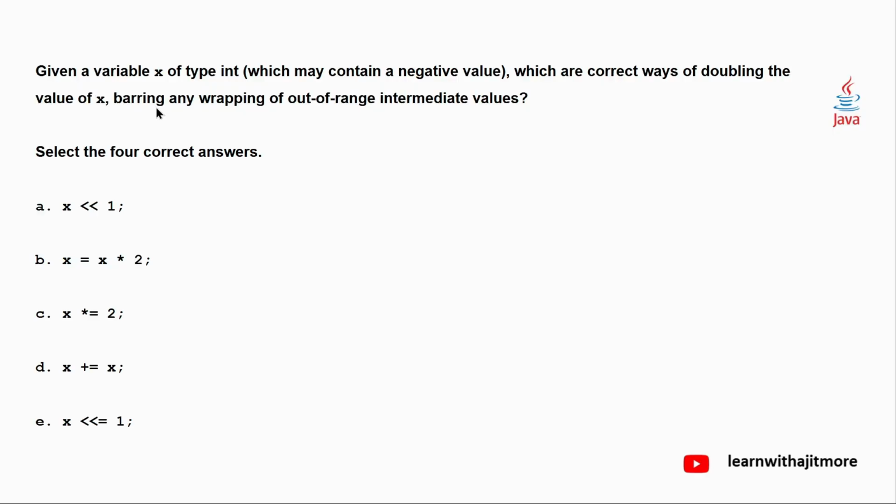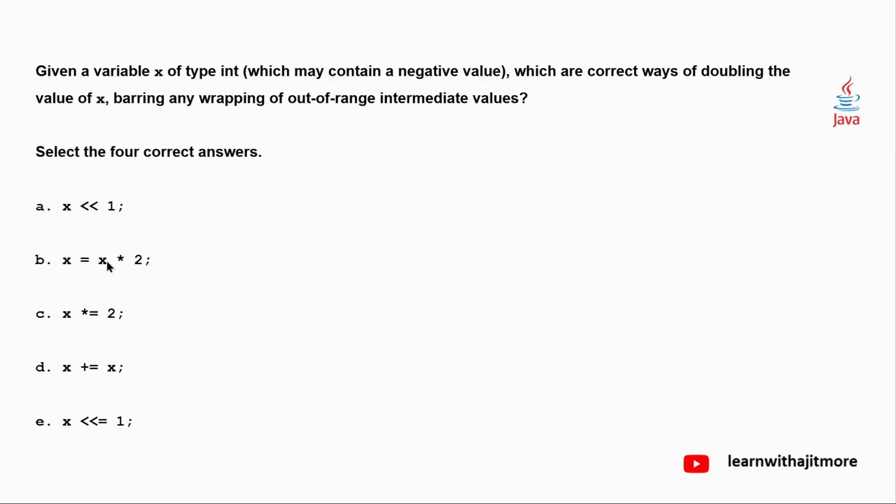They are saying, barring any wrapping of out of range intermediate value. Means if the casting is going to happen and there are some losses in the casting, don't bother about it. So which one from this is going to double your value of x?